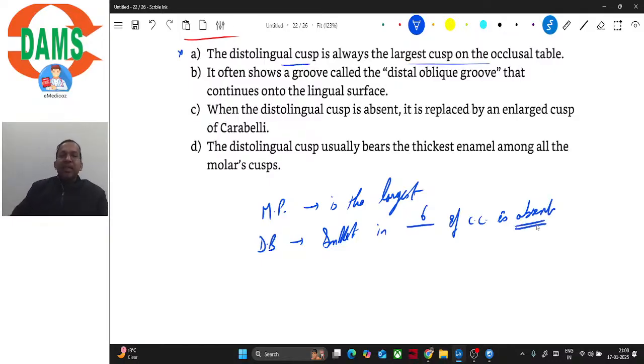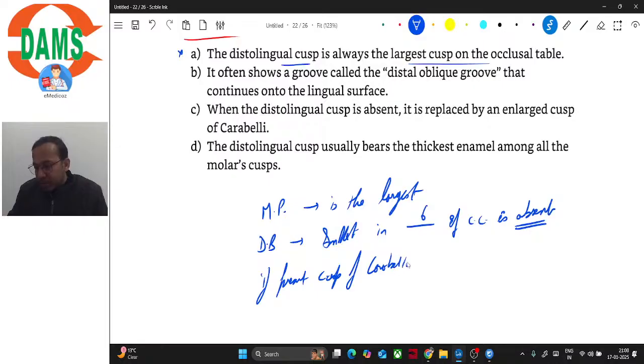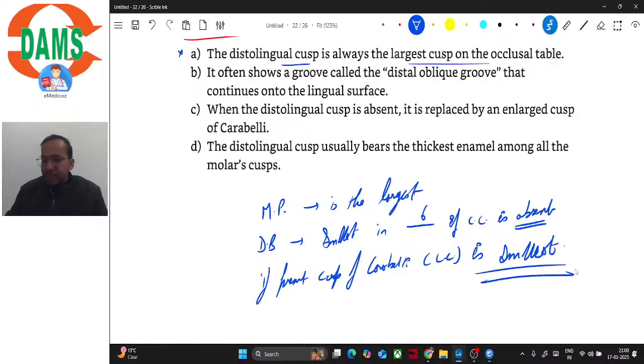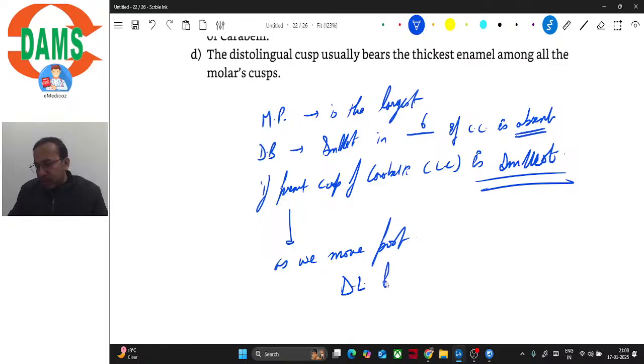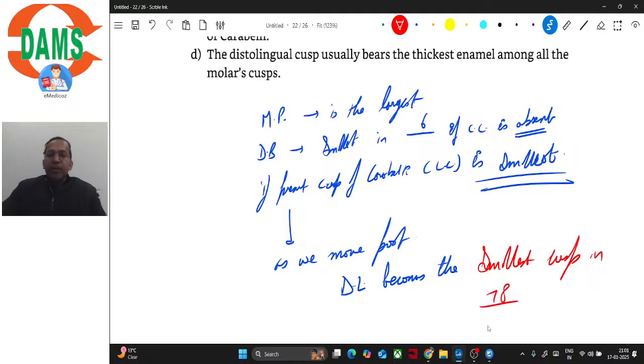But if it is present, the cusp of Carabelli is smallest, isn't it? But as you move posteriorly, the distolingual becomes the smallest cusp in the upper 7 or 8. Clear?